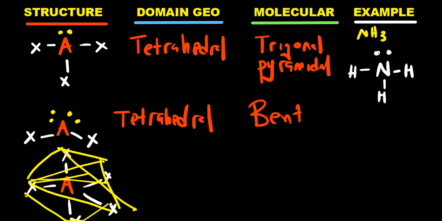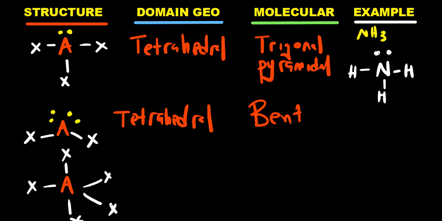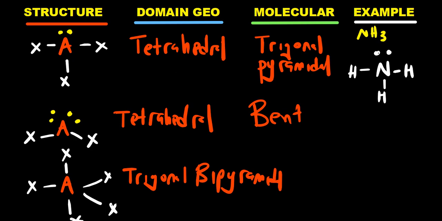So because you've got two pyramids, one on top and one down, for the electron domain, how many things is it connected to? It's connected to 5 things. So this one will be called, because it has two triangles, one down, one up, a trigonal bipyramidal.